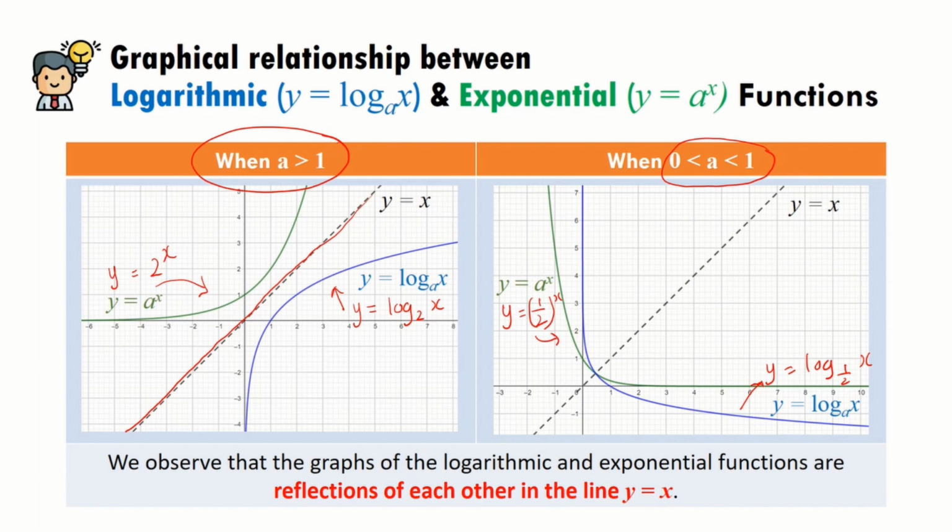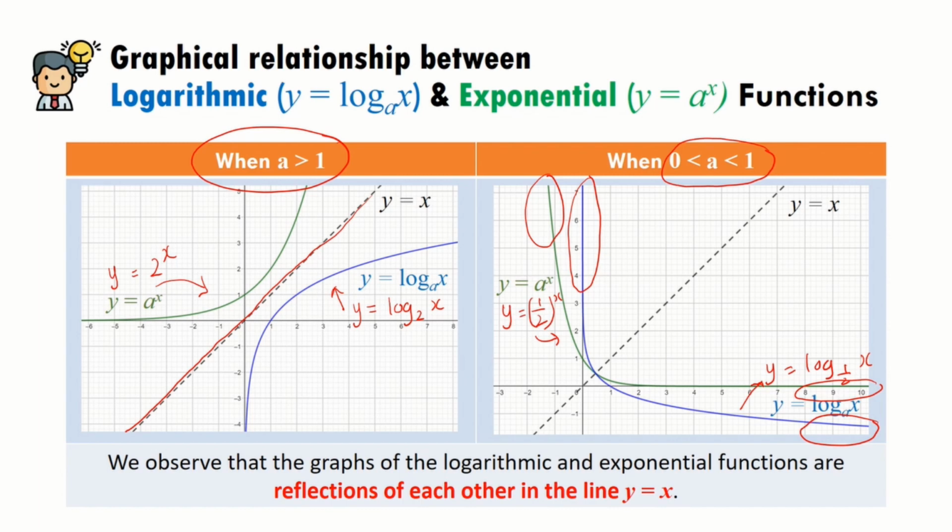If you look carefully, this part here reflects over here, and this section here reflects with this section here. So between logarithmic and exponential functions, they are always reflections of each other in the line y equals x, provided that the a value, the base value, is the same.